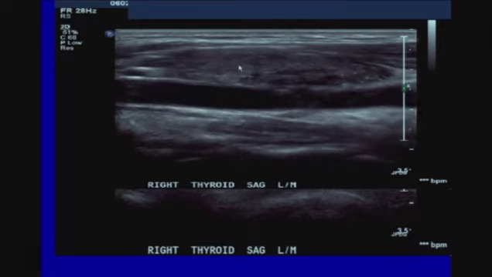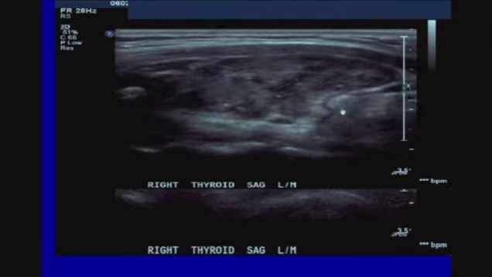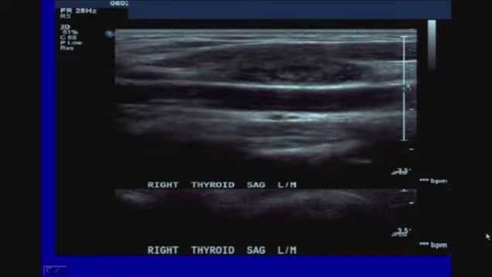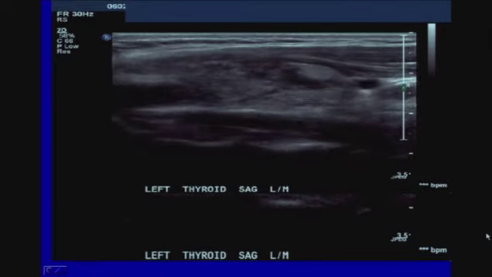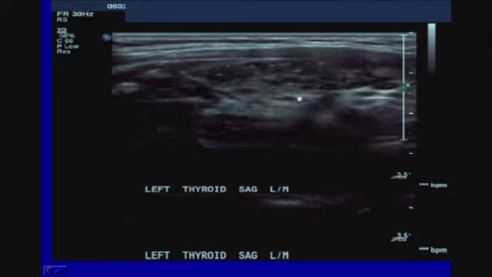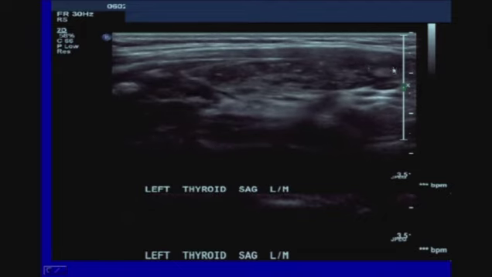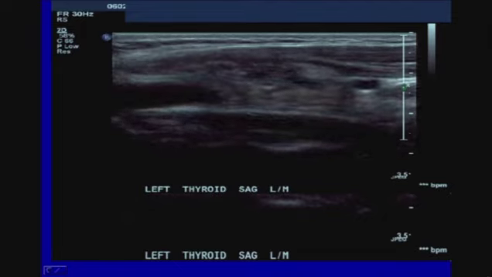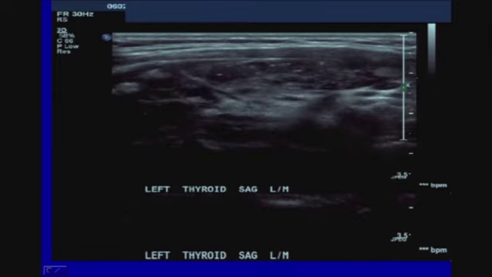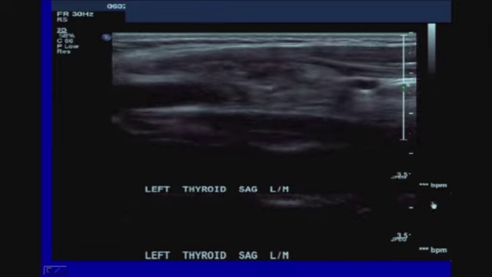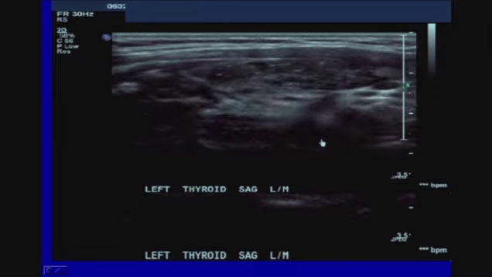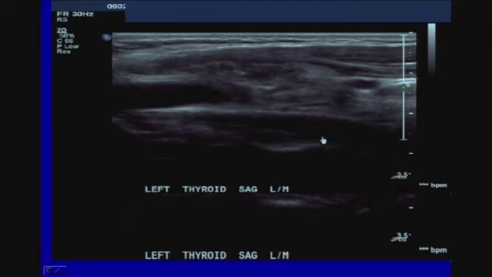But again, our eyes were drawn to all of these little calcifications running through the gland, not something that you would see commonly in the setting of chronic lymphocytic thyroiditis. Her left lobe happened to have a mixed cystic and solid nodule here. And above and beyond that, again, all of these calcifications. But there's a very important finding on this particular video clip, and the finding is just behind the left lobe of the thyroid, right behind it.